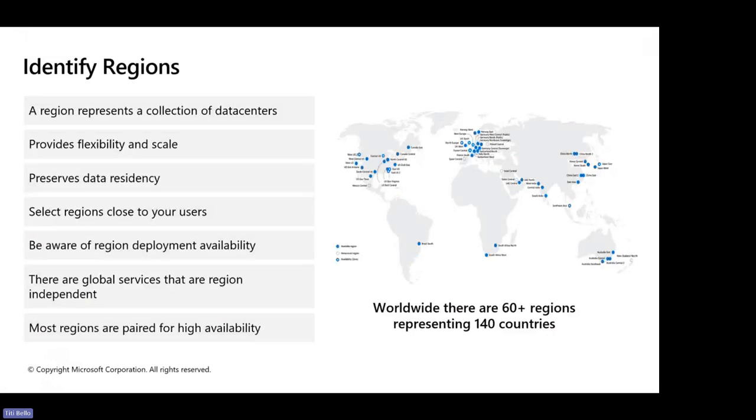This slide is telling us about regions, right? For Azure regions, when it comes to compliance and data governance, one of the things we want to pay attention to is the region where your data will be hosted. And what are regions?